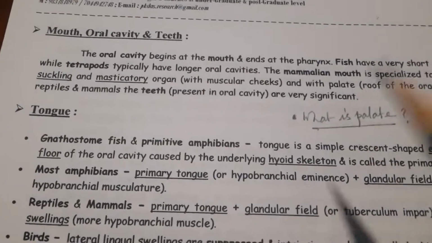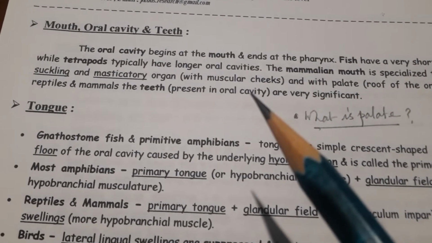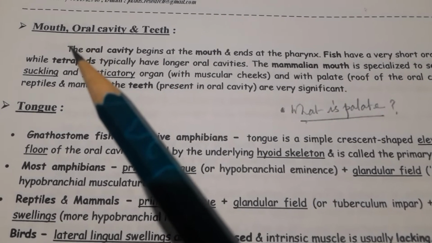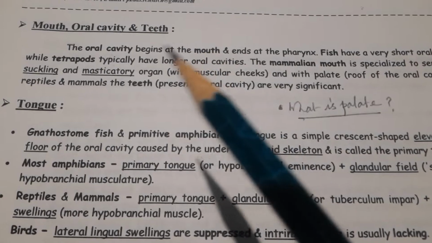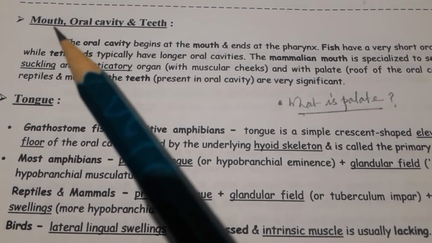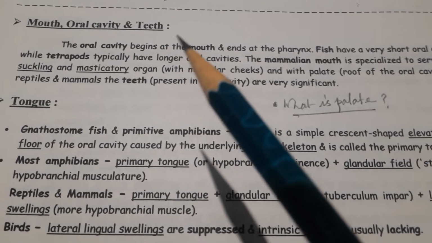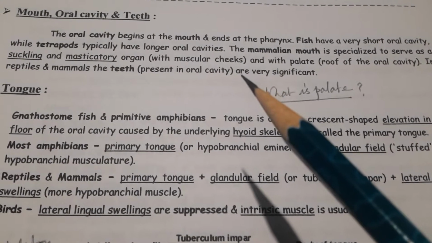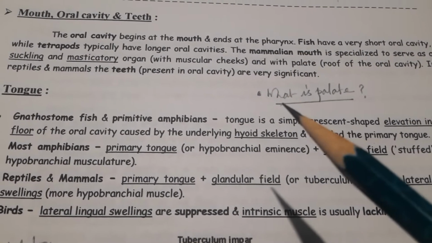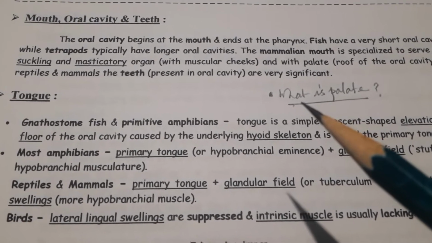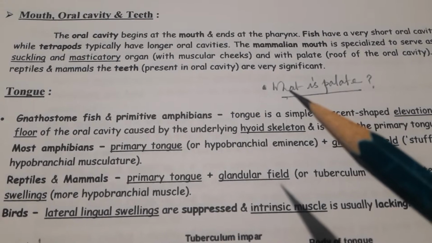The next item is the first part of the upper gastrointestinal tract, that is the mouth, oral cavity and teeth. I am discussing this part on the comparative basis of different vertebrates.